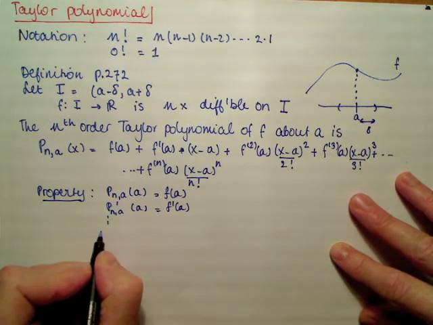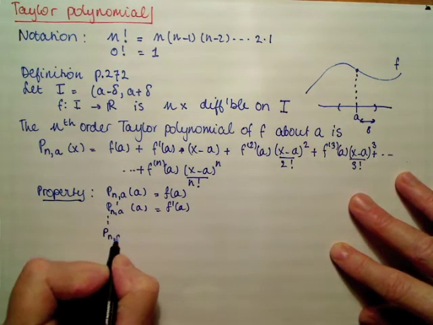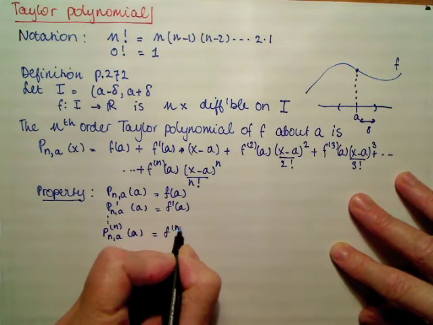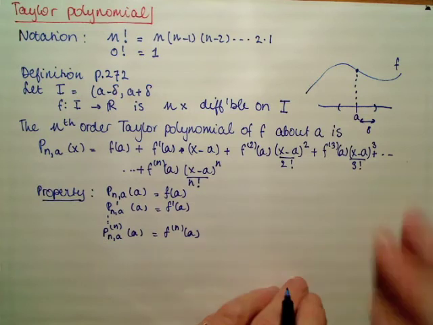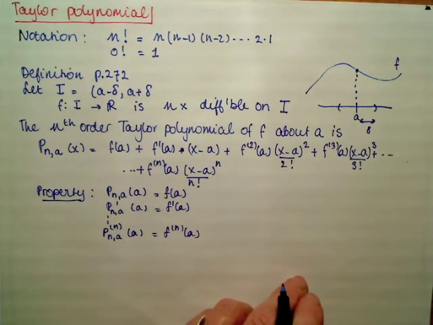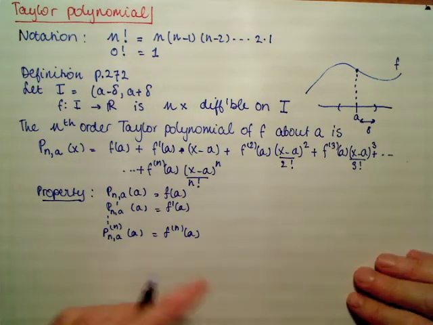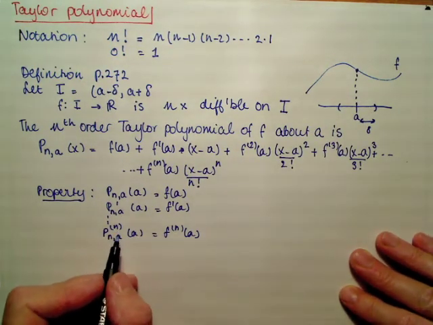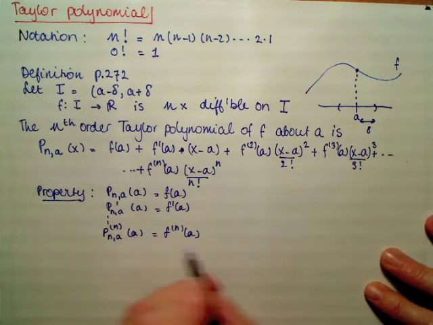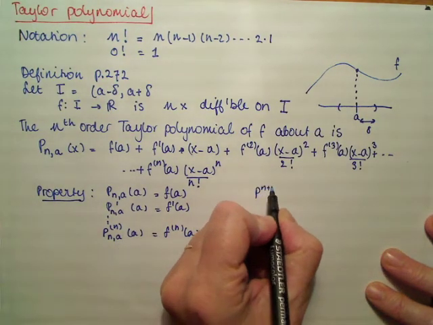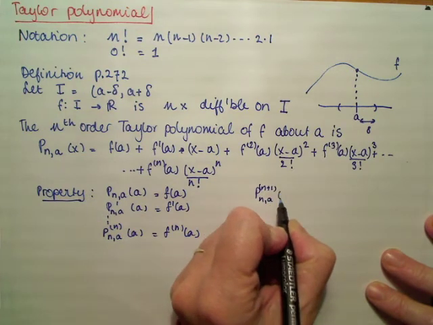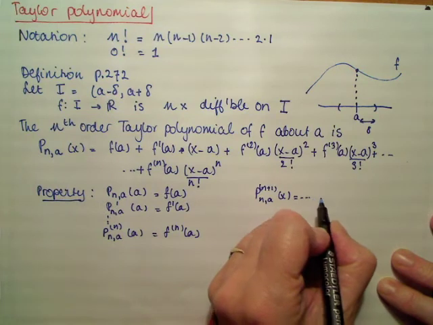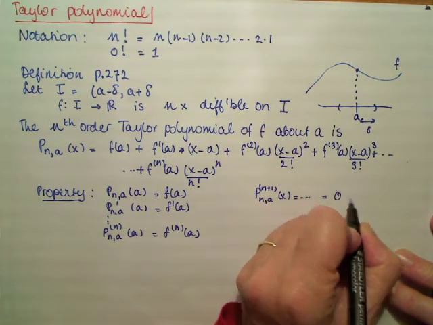The second derivatives are equal, and so on, up to the nth derivative of function and polynomial. Now, what I showed you in the first video is that if we differentiate the polynomial of degree n, n plus 1 times, then we get 0. So the n plus 1th derivatives at any point and higher order derivatives are all 0.